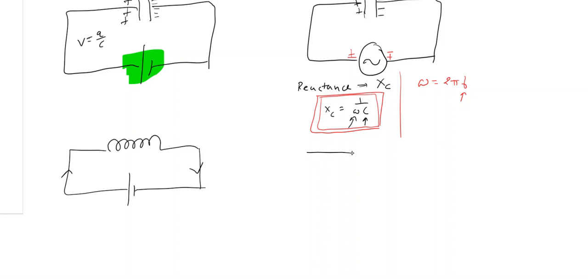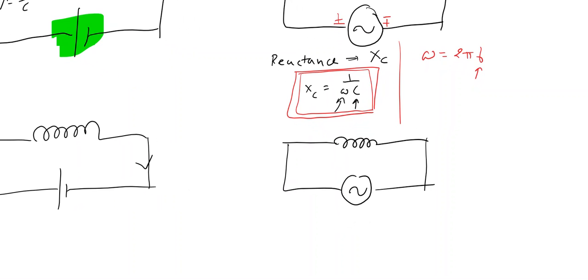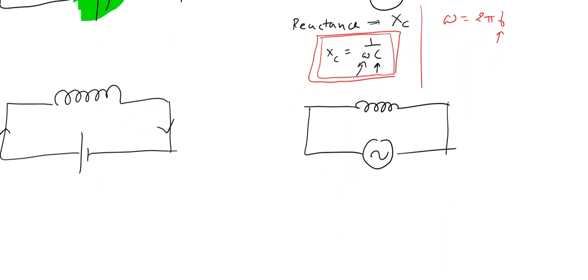But if you have an AC source connected with an inductor, then AC is changing its polarity, direction and value of current is changed, and then the inductor will be storing and supplying energy to the circuit, and then it is controlling the current. So there is reactance corresponding to the coil also. It is denoted as XL and it is given as omega L.